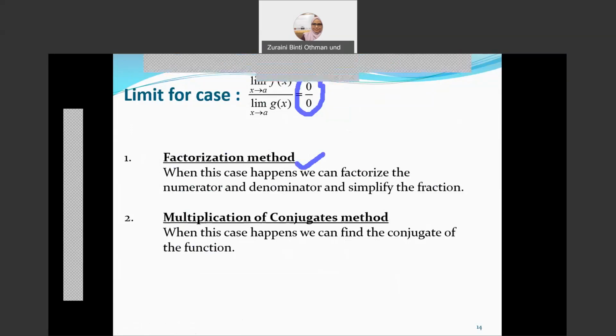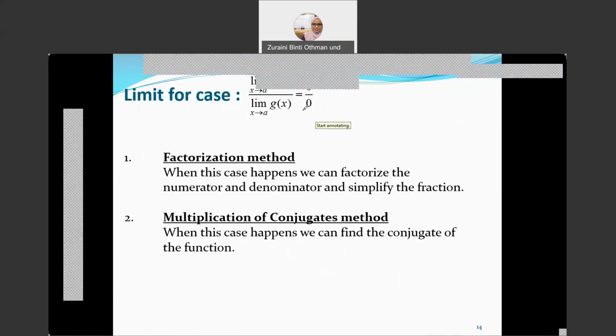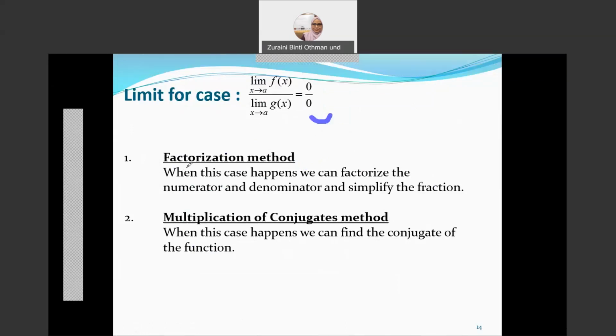Maksudnya bila kita dapat value macam ini, kita boleh guna factorization ataupun multiplication of conjugate. Kita ada 2 solution, yang mana satu?